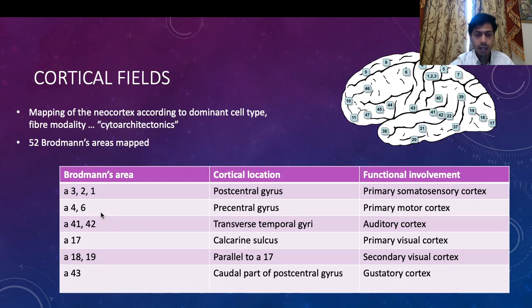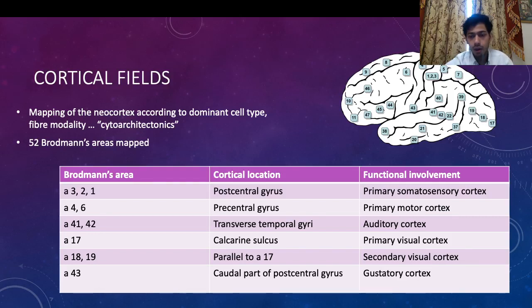And for each of these areas, we have a corresponding function. So we know that the postcentral gyrus is primary somatosensory that we just mentioned, and we know that the gyrus which is precentral, which is before the central sulcus, is the primary motor cortex, which is in the frontal lobe.